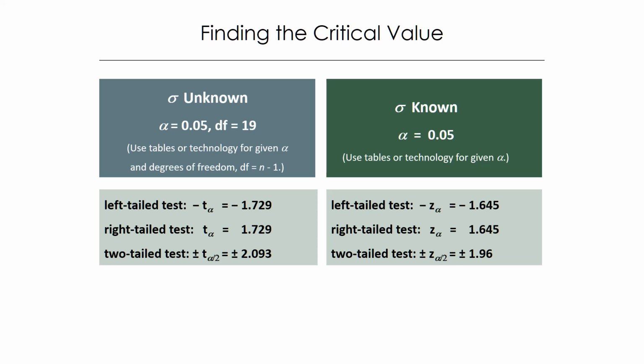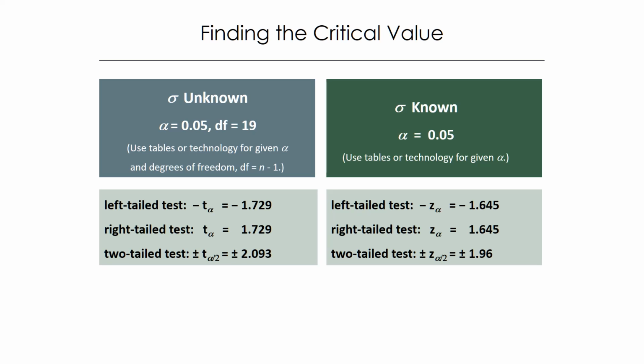So for your left-tailed test, the negative value is used because you're on the left of the t-distribution, and the t-score that cuts off 5% of the distribution is 1.729. Again, from tables or technology. And then the left-tailed test is the negative of that. The right-tailed test critical value is t alpha equal to the positive 1.729.